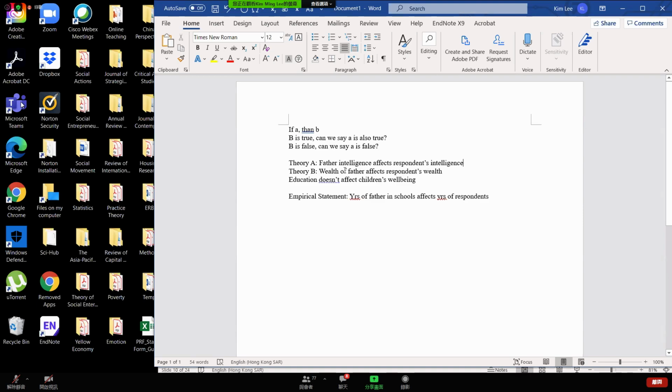So these are two theories, but you can use the same empirical statement to represent them: years of education of the father and years of education of the respondent. Wealth can affect one's education, and intelligence also affects education. So in this case, the empirical statement can be implied by both theories.